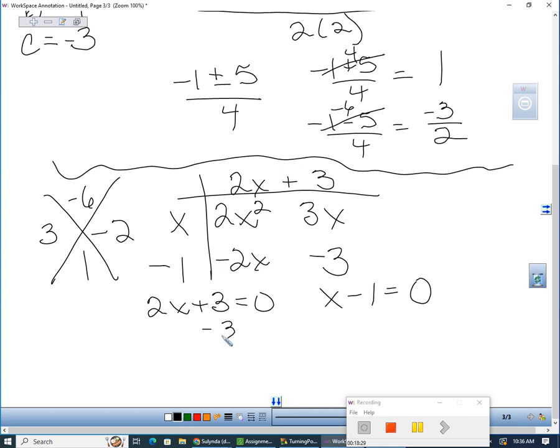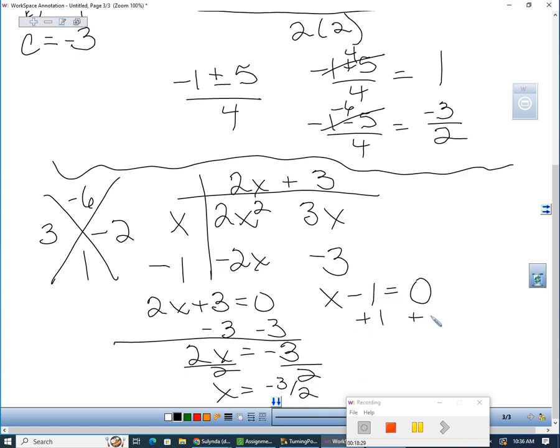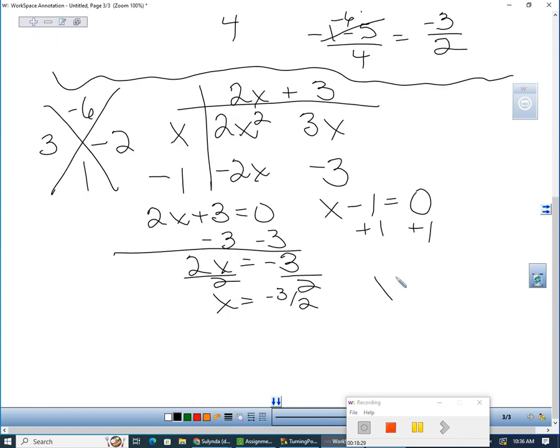Here I would subtract 3 from both sides, so I get 2x equals negative 3. Divide both sides by 2. x equals negative 3 over 2. Here I add 1 to both sides, and x equals 1. Is that the same answer as we got doing it the other way? Yeah. Is there a right and wrong way to do it? You can use either way.